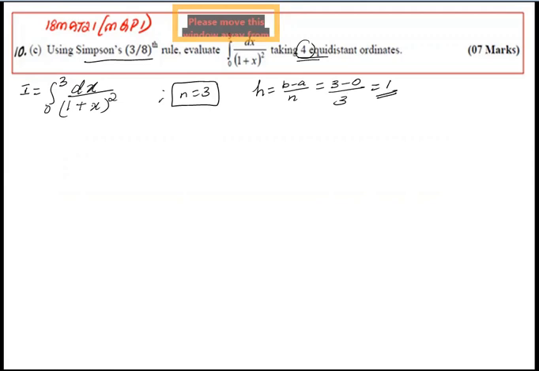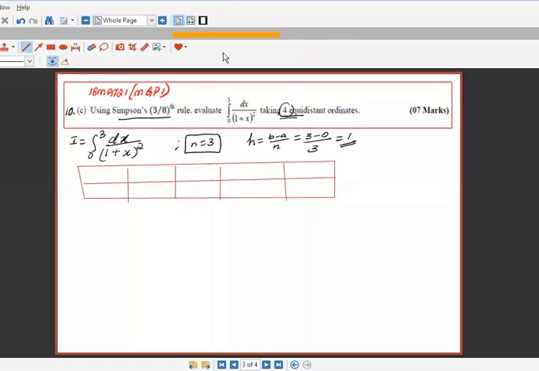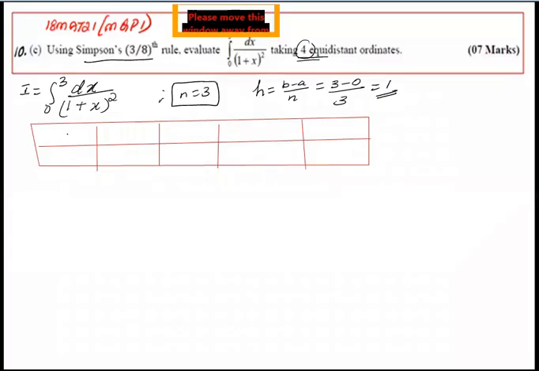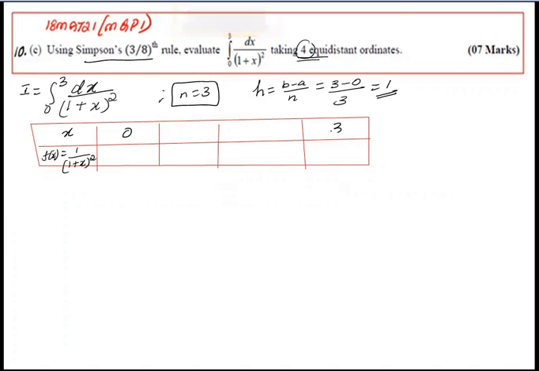Next, make a table of x and y. Here f of x is 1 divided by 1 plus x the whole square. The values of x are from 0 to 3 with the distance 1, so 0, 1, 2, 3. And the values of f of x, that is 1 divided by 1 plus 0 the whole square, that is 1.